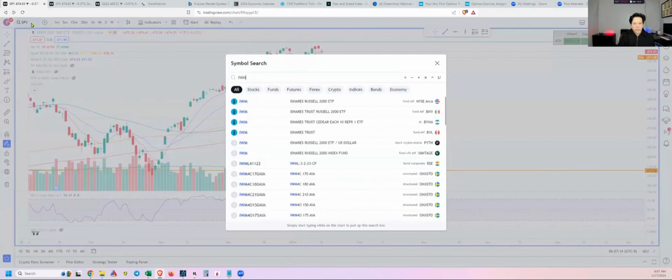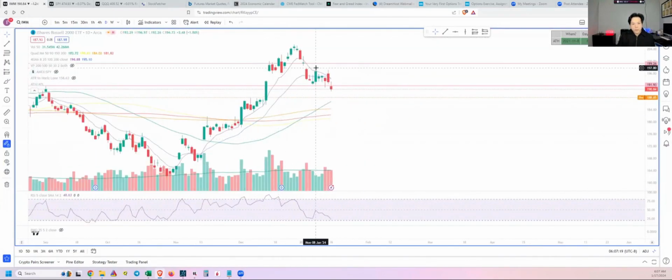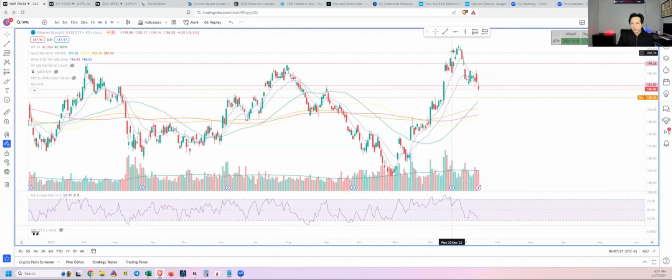Let's take a quick look at our small cap stocks. Small cap stocks are already breaking below this horizontal line. We had this gap up, and then we moved higher, and we pulled in a lot of speculative buyers. We've been talking about small caps for a really long time, and we drew these pink lines a couple of years ago.